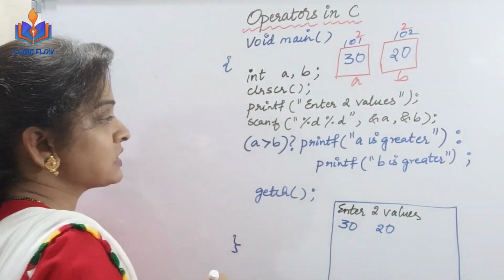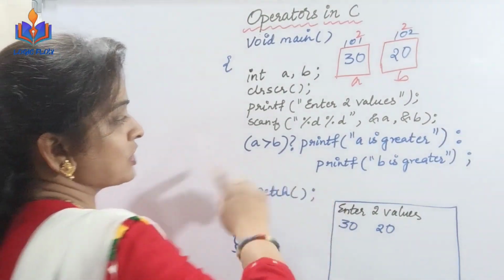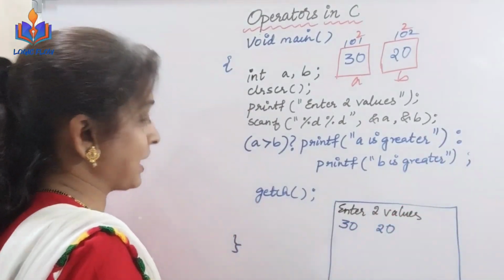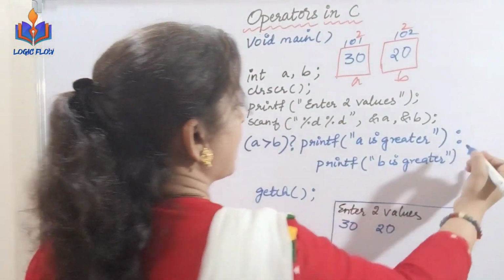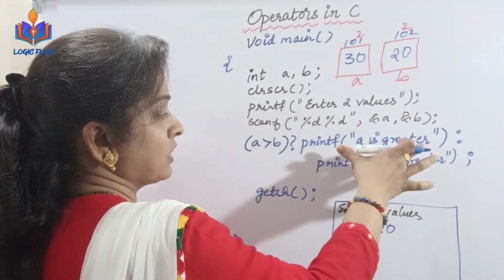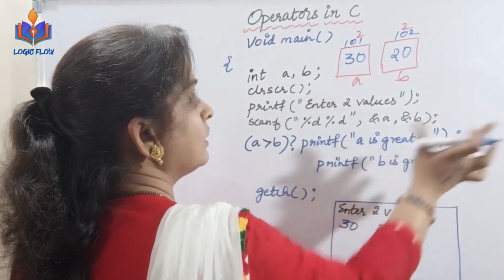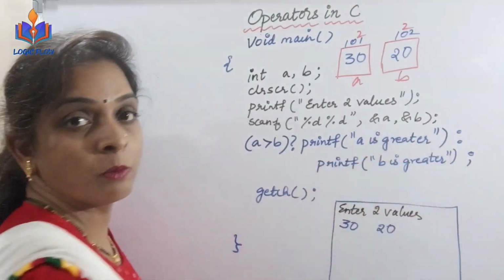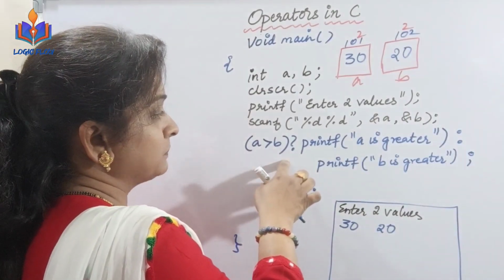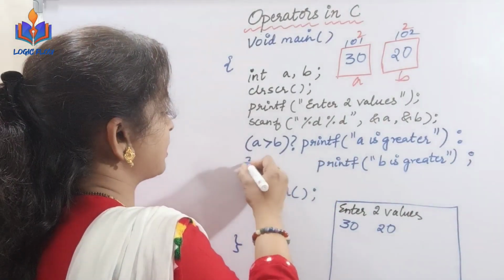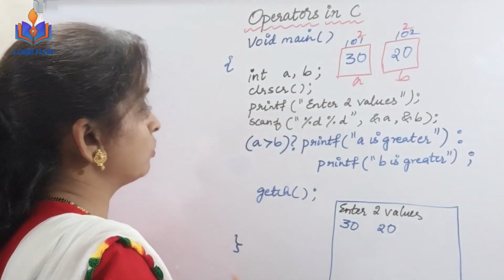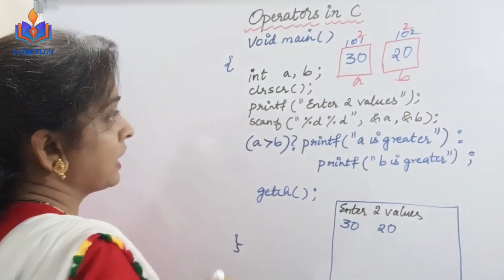Next starts the logic. You can write a complete statement like this; I just wrote it in the next line. It is a greater than b, question mark, this is the true statement block, colon, this is the false statement block. Then I check the condition a greater than b. The value we have in a is 30.